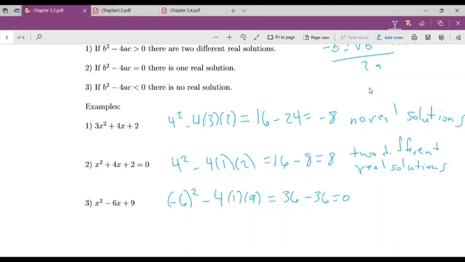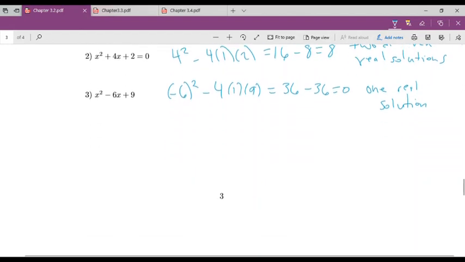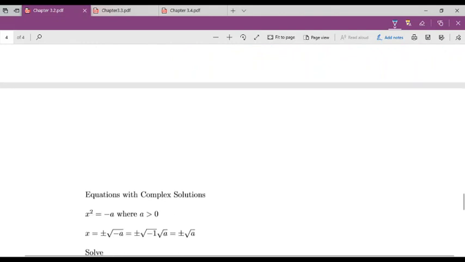So I have one real solution. And you could go on and solve all of these with the quadratic equation and come up with solutions, obviously, except for the first one, where you could come up with a solution, but it would be an imaginary solution. On to page 4.